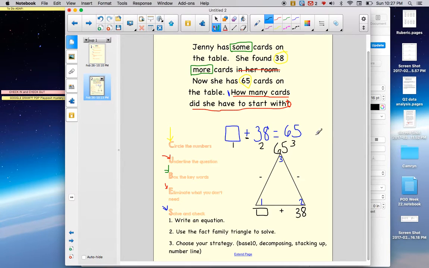Now, I always circle my 2 numbers. Well, here's 65, here's 38. I draw a big circle. And I see whether my addition symbol is in the middle or subtraction. I can automatically see the subtraction symbol. So to solve this, I would actually subtract.